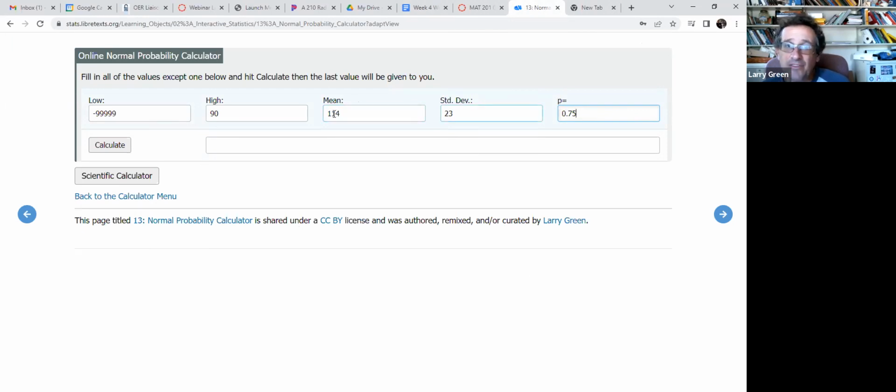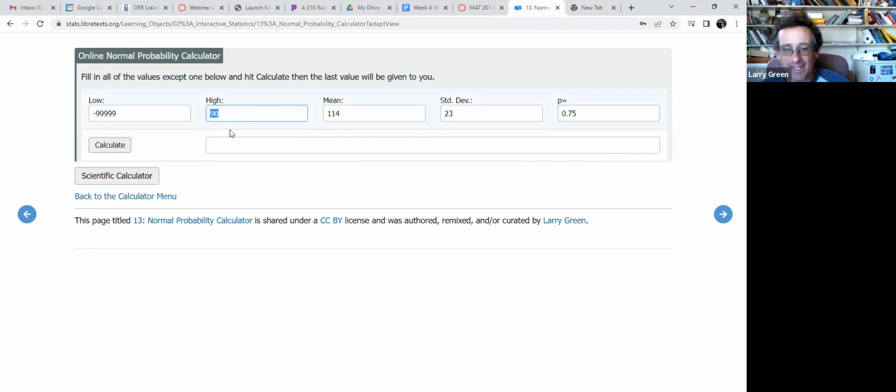All right, the mean and standard deviation are the same. What don't we know? If we want to find the 75th percentile, or the third quartile, what do we not know? Is it the low, the high, the mean, standard deviation, or p? Which is the one I need to leave blank? The hint is it's not going to be p, because that's what I just put in.